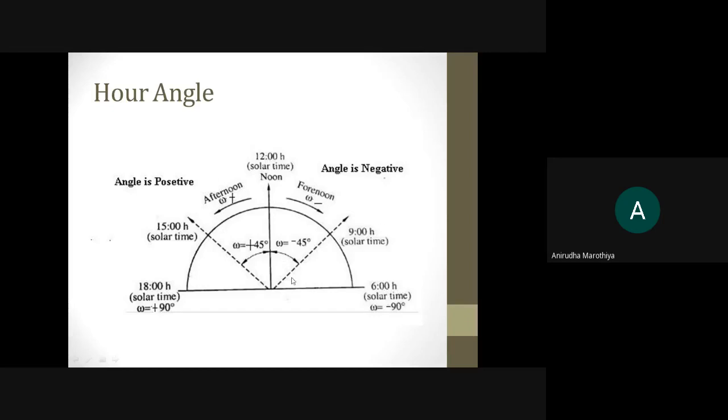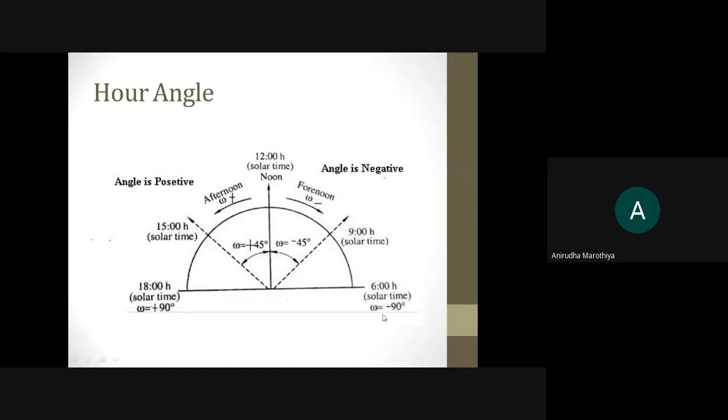If you see this diagram on the right hand side, this indicates your morning to noon span, and on left hand side this indicates your noon to afternoon followed by your evening. So सुबह के 6 बजे, then सुबह के 9 बजे, then exactly noon time दोपहर के 12, then 1500 hour means afternoon 3 p.m. and then 1800 hour means evening 6 p.m.